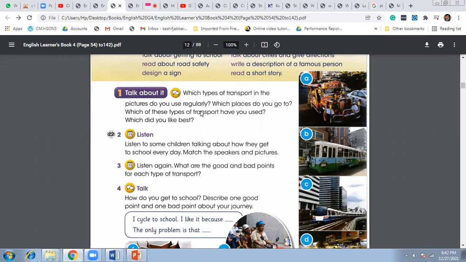Which type of transport in the picture do you use regularly? Which place do you go to by using this transport? Which of these types of transports have you used in your life? And which did you like the best?